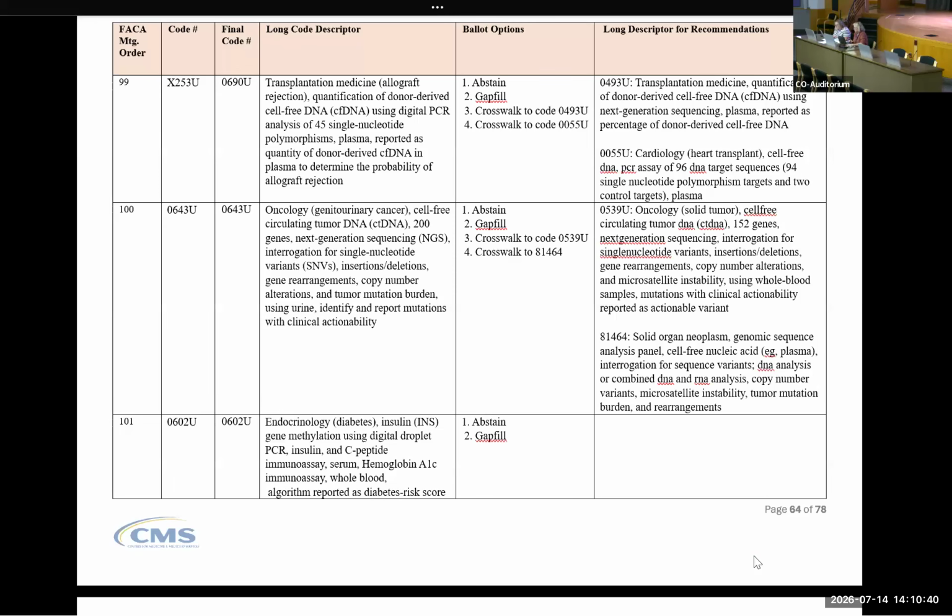Thank you. All right, next up we have 0643U, a cell-free circulating tumor DNA test, and I think Heather has this one as well. Yes.